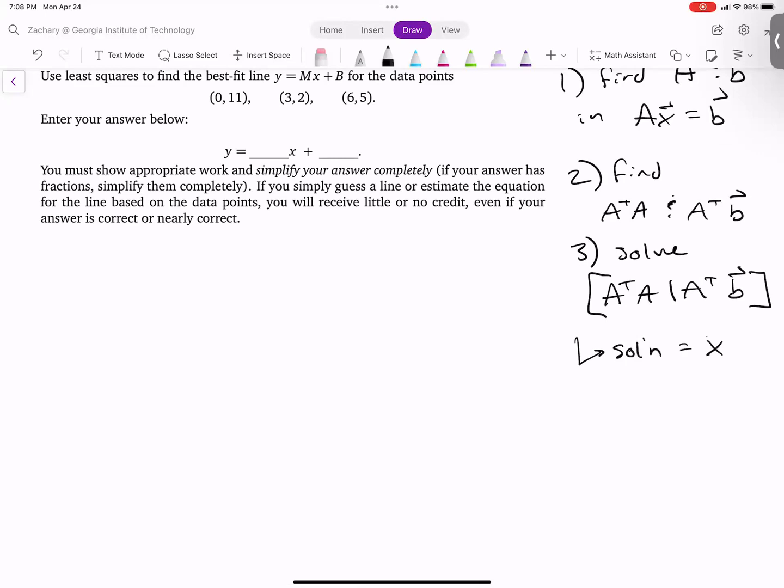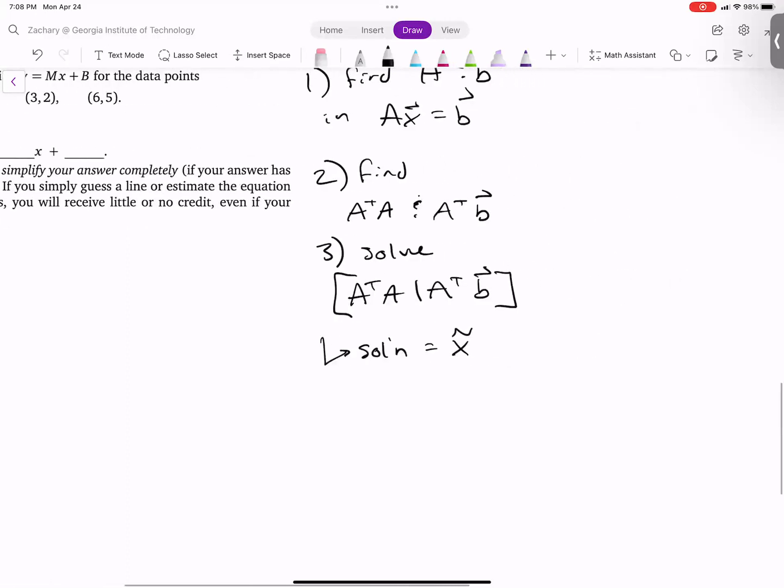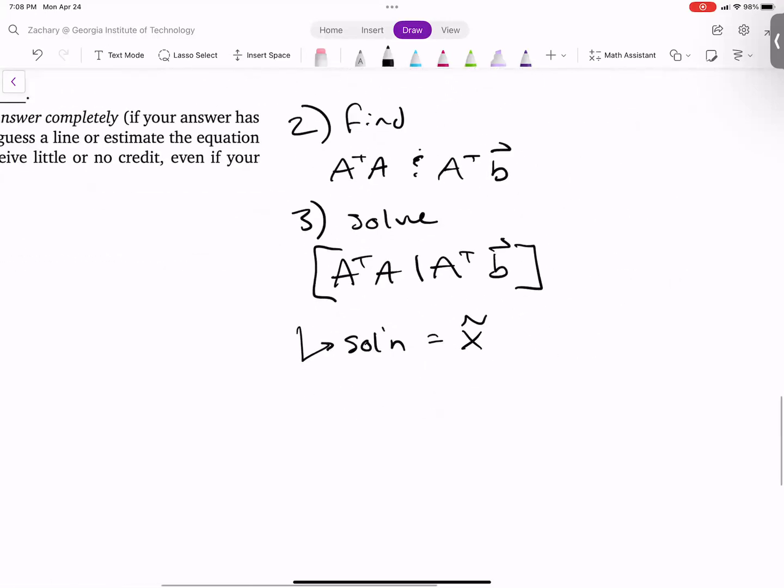Solution is equal to what I'll call x tilde. That's not any proper term. It doesn't really have a formal name, so it's just what I usually call it.